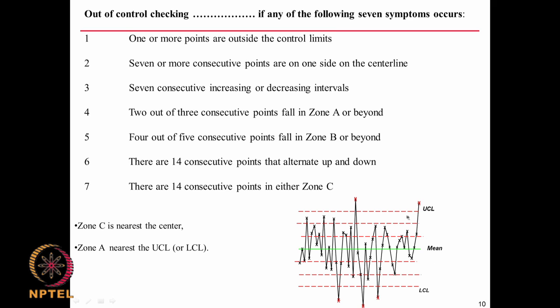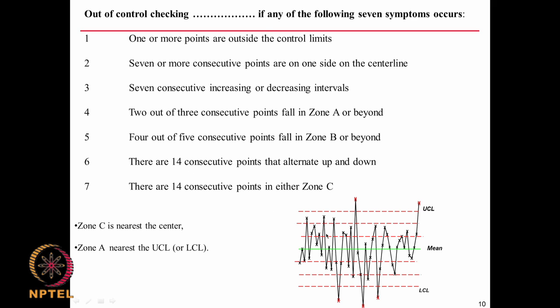So, this is called zone A, 3 to 2 is zone A, 2 to 1 is B, 1 to 0 that is mean is C. So, 2 or 3 consecutive points fall in zone A, 4 or 5 consecutive points fall in zone B, 3 or 4 consecutive points alternate up and down, okay. There are 14 consecutive points that alternate up and down, there are 14 consecutive points in zone C, understand.